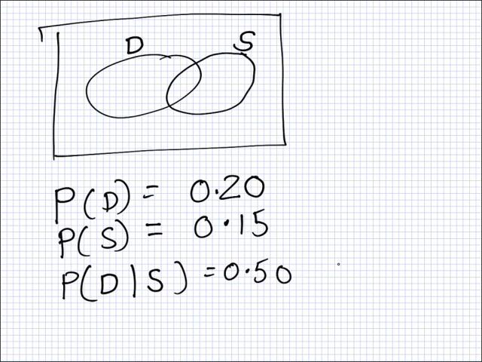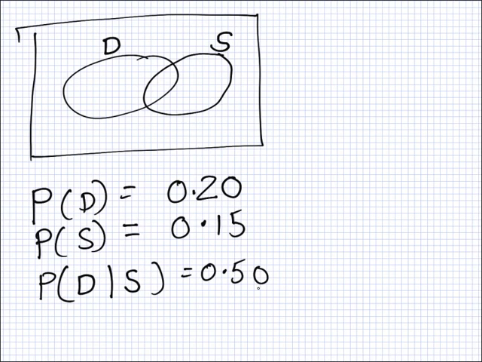So, let's have a look. Remember I said the bottom one is the most useful. Do you remember the formula? It's P of disease and symptoms over symptoms. Now, actually, we know what symptoms are. What are they? 0.15. So, if you cross multiply, 0.5 times 0.15, that gives 0.075.